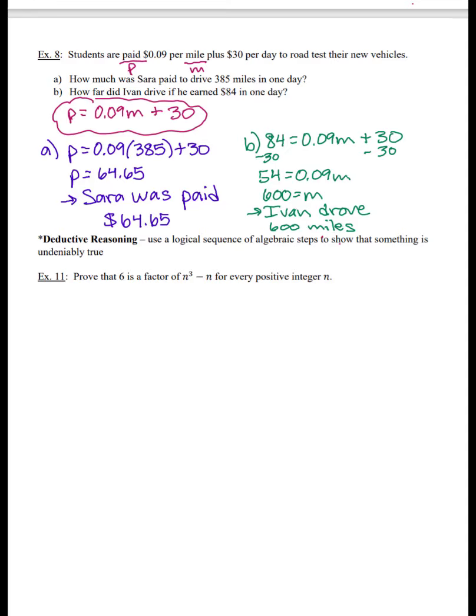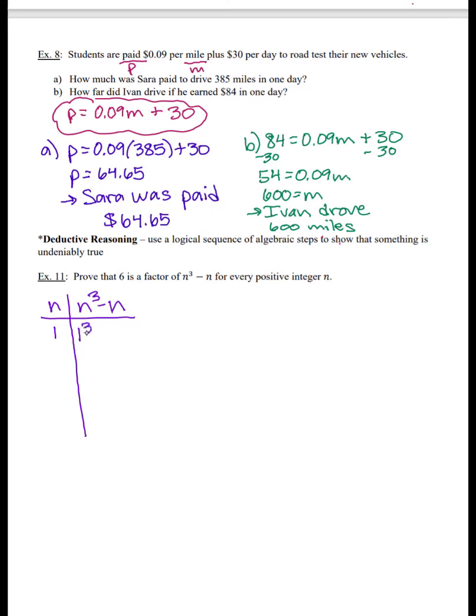Students' instinct might be to test this out and say, all right, I'm going to choose values of n, and I'm going to substitute them into n to the third minus n, and just see what happens. So if I start with the first positive integer, that would be positive 1.